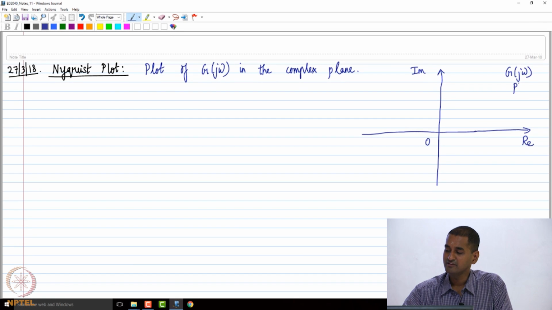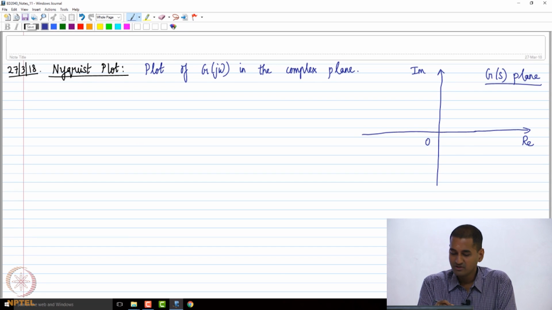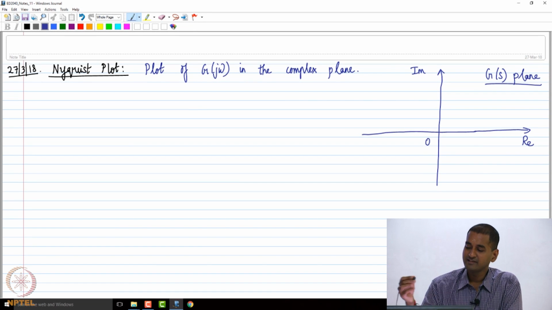Some people will call it the G of S plane, to indicate that it is no longer the S plane as such. That is, we are not tracing the variable S, but rather we are tracing the transfer function G of S, which is also a complex valued function, right? So people will call it the G of S plane or G of j omega plane and so on.